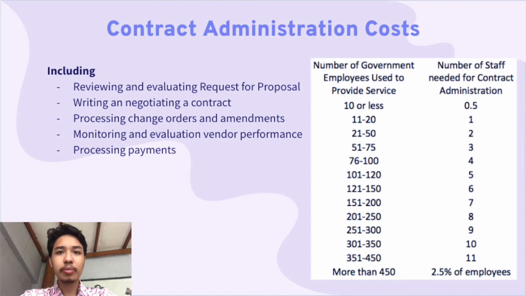Usually, the contract administration cost is around 0 to 25%, and one way to estimate it is to simply apply 10 to 20% of the contractor's bid as a reasonable range. However, there is a standard formula used below.